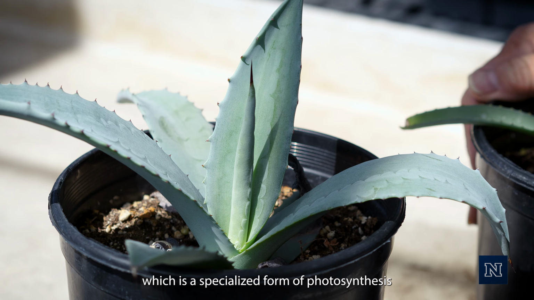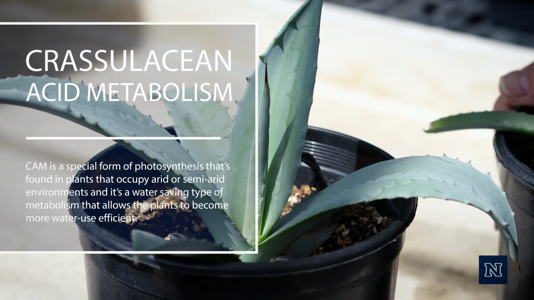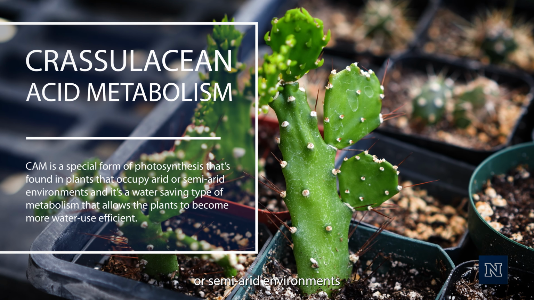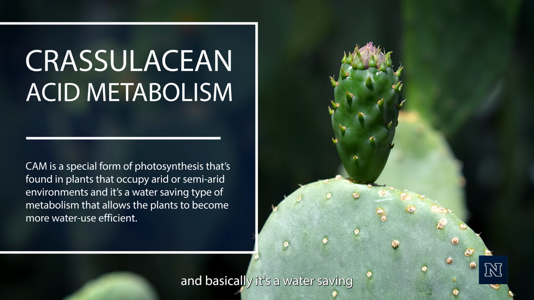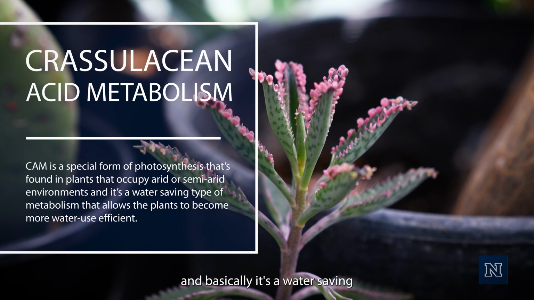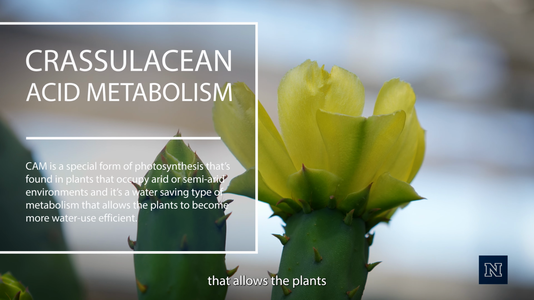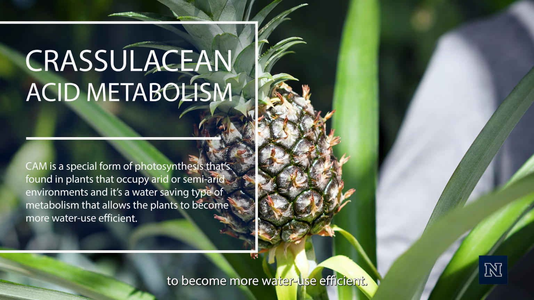CAM stands for Crassulacean Acid Metabolism, which is a specialized form of photosynthesis that's found in plants that occupy arid or semi-arid environments. And basically, it's a water-saving type of metabolism that allows the plants to become more water use efficient.